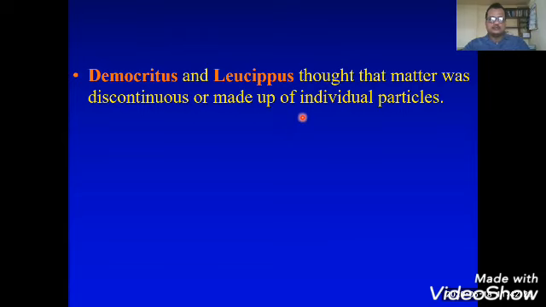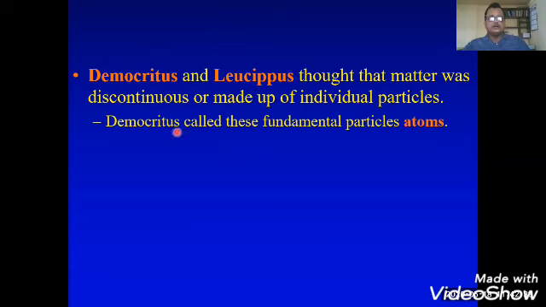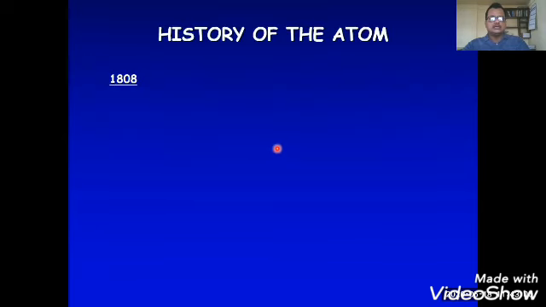So this is the starting of the journey of the discovery of atom, and it started with the word atoma introduced by Democritus, who ground matter using mortar and pestle, and ultimately he got very, very tiny particles, which he advocated cannot be further subdivided, and he called them atoma, which means not divisible.